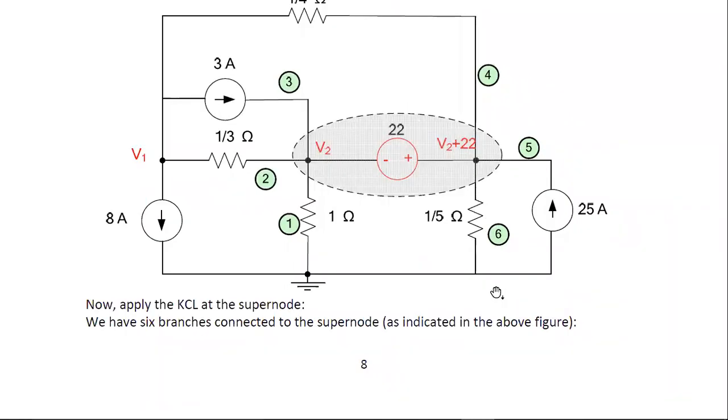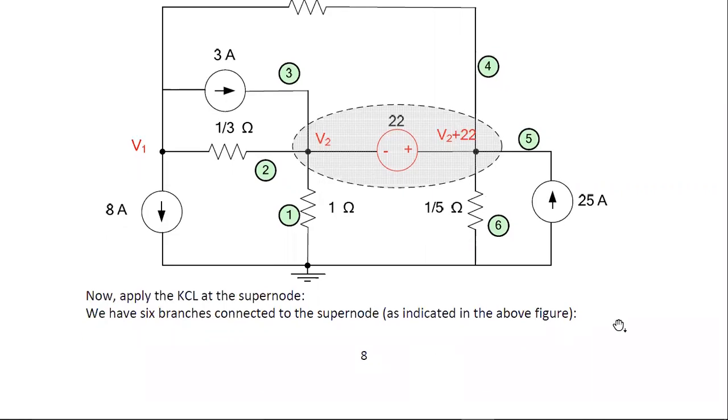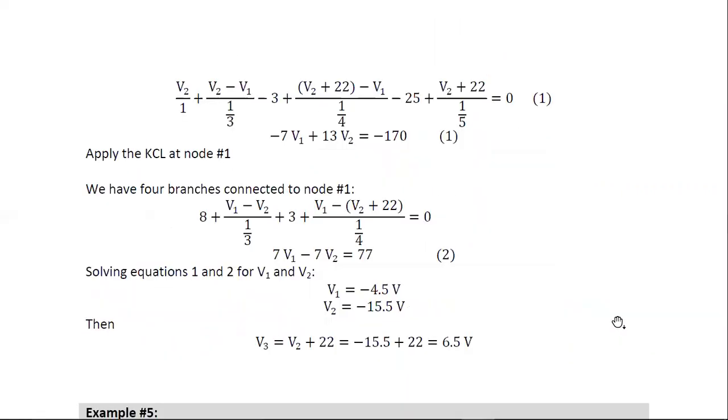Now apply KCL at the supernode. Just observe the points 1, 2, 3, 4, 5, 6 indicated in the figure above.